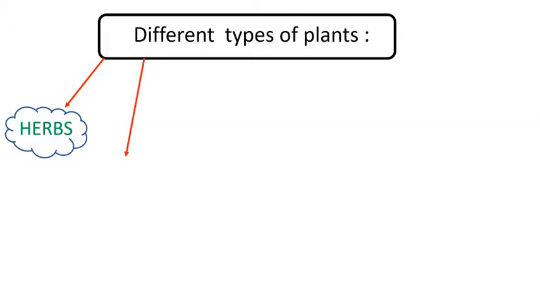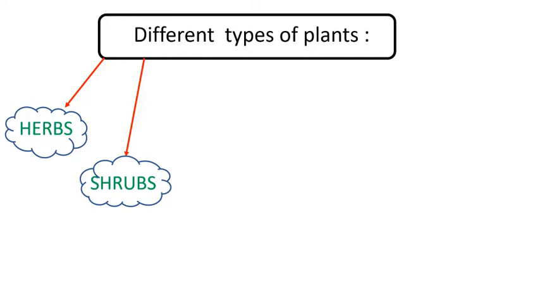Different types of plants. First one, herbs. Herbs are very small plants and they have soft, green and delicate stem. For example, coriander, mint, grass, wheat, etc. Next, shrubs.